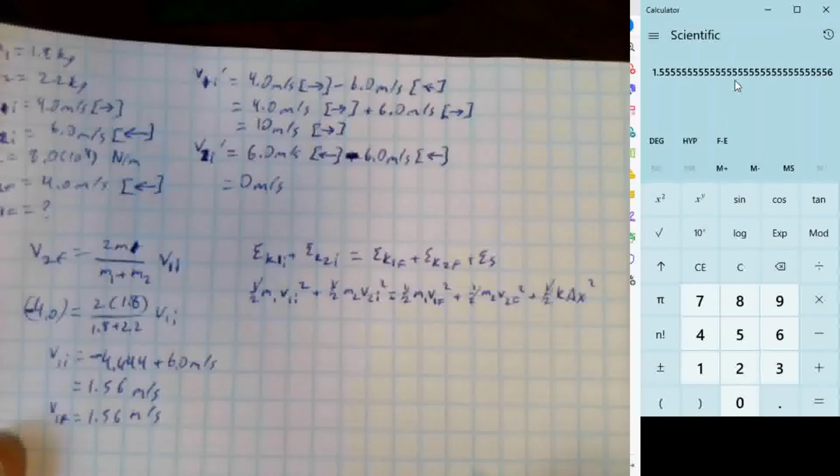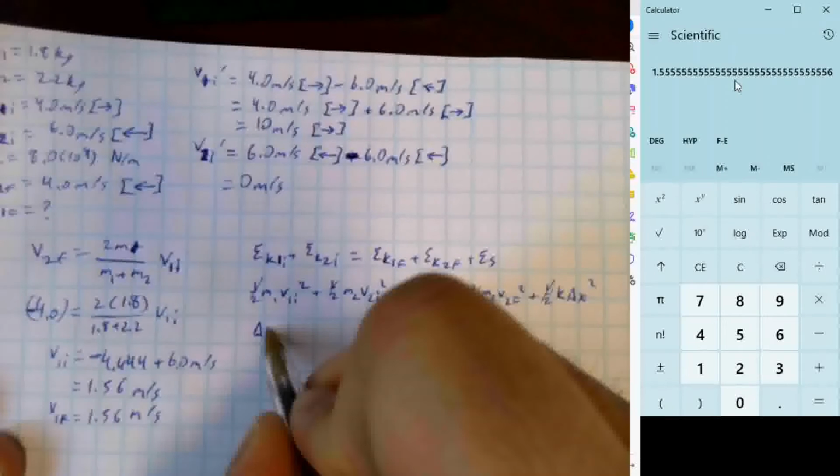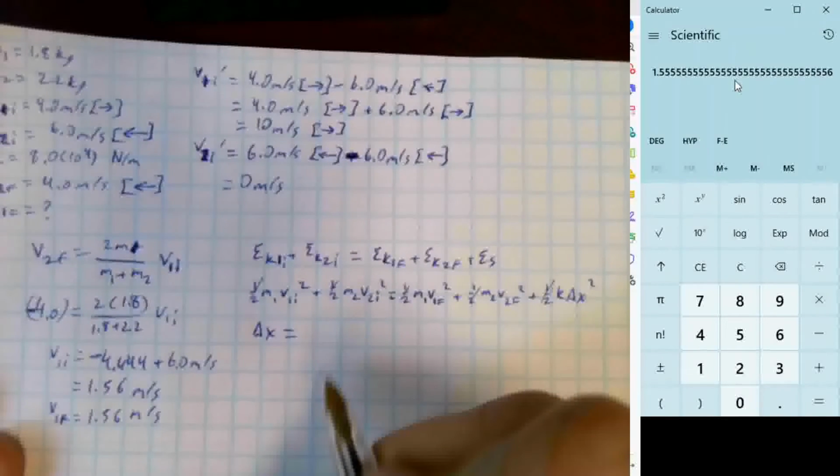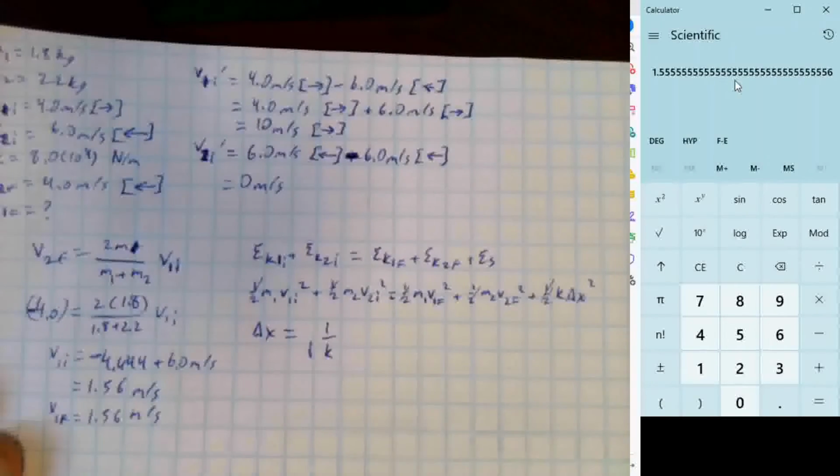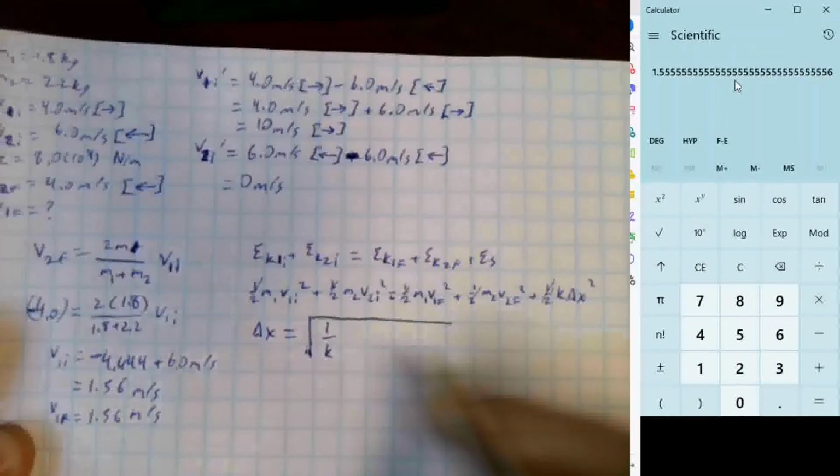And to isolate for delta X, what I'm going to have is 1 over K, square root of everything to get that out of there.